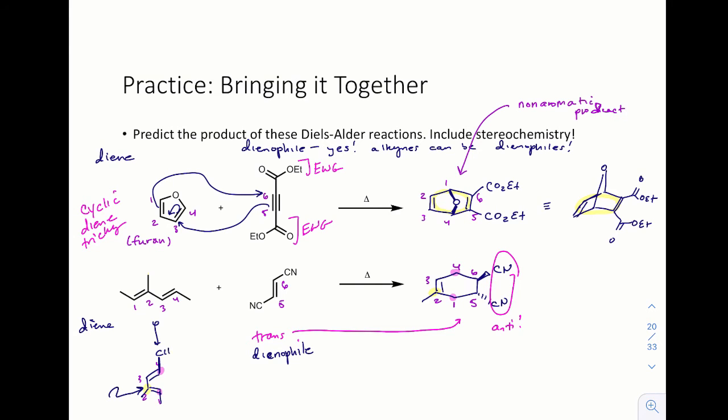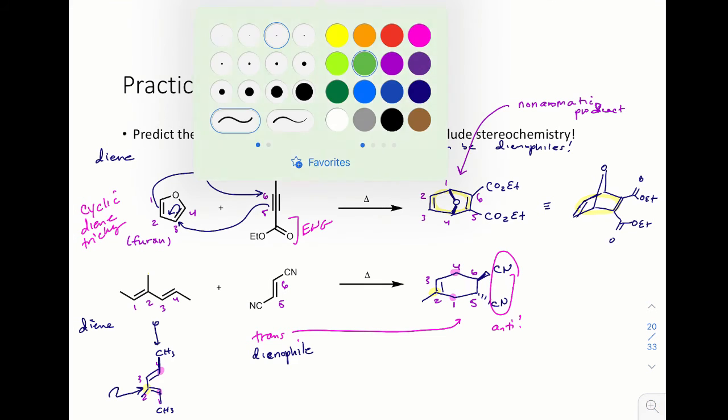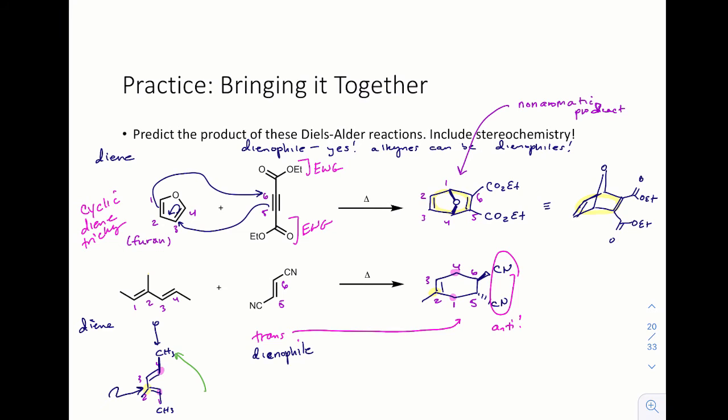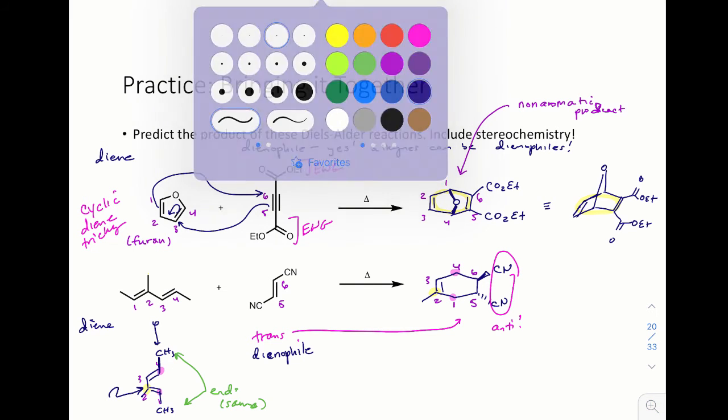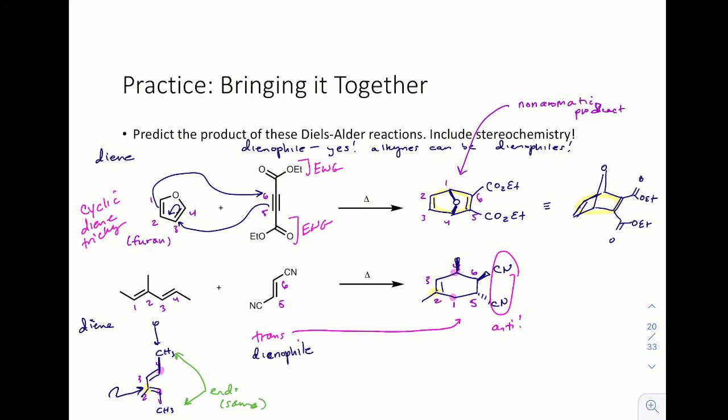We can see that both of these methyl groups are in the end position. So they're on the ends pointed out of the transition state. That's the same. Each one's on the end. They have the same relationship, which means they will be syn to one another in the product. And you may ask, should I put them up or should I put them down? It doesn't matter. If you put them down, you'll just be drawing the other enantiomer of the product. And you can convince yourself of that if you would like.